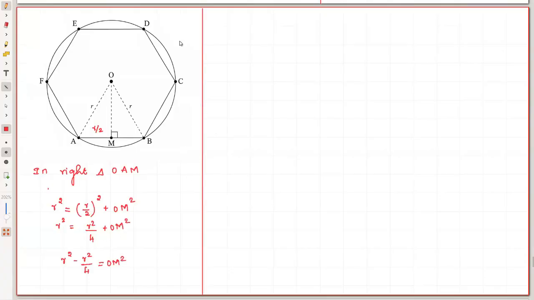Take the LCM as 4, so we get 4R square minus R square is equal to OM square. 4R square minus R square gives 3R square by 4 is equal to OM square. So now we can interchange and write OM square is equal to 3R square by 4.